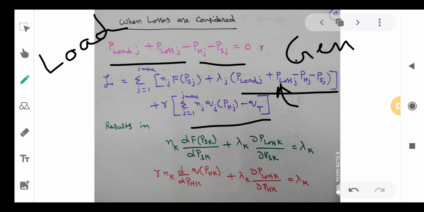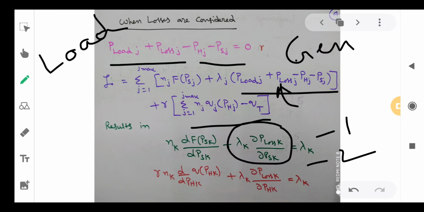Now let us take the derivative of the Lagrangian L with respect to steam power generation as well as hydropower generation, which leads to equation number 1 and equation number 2. Nk into df by dPsk plus lambda k into dou PL by dou Psk equal to lambda k. This term is the additional term when line losses are included.